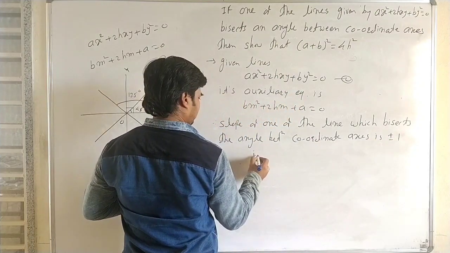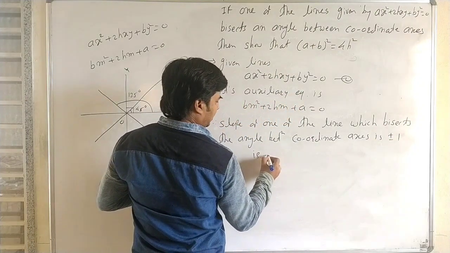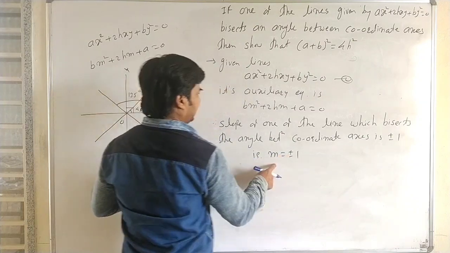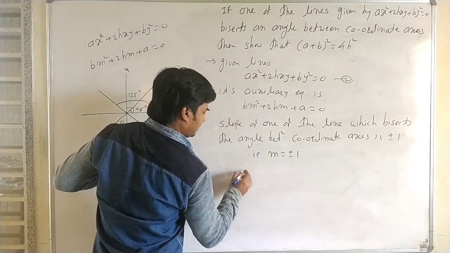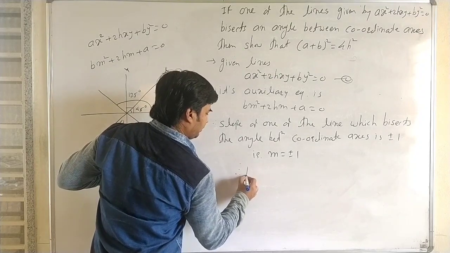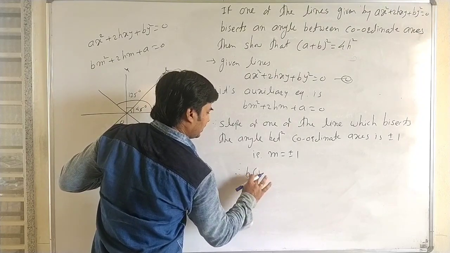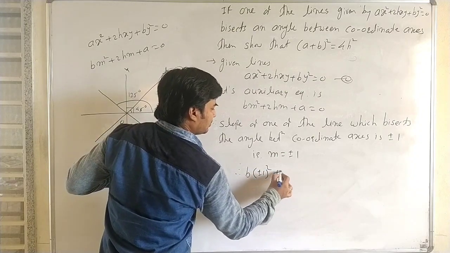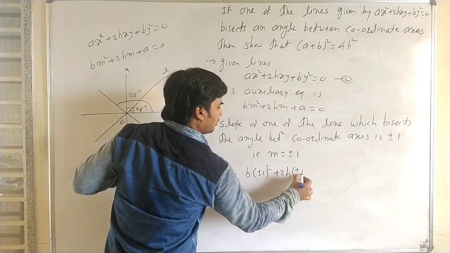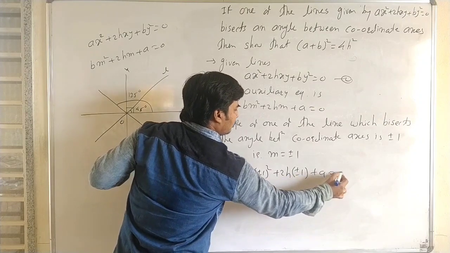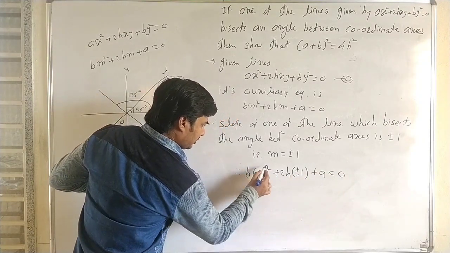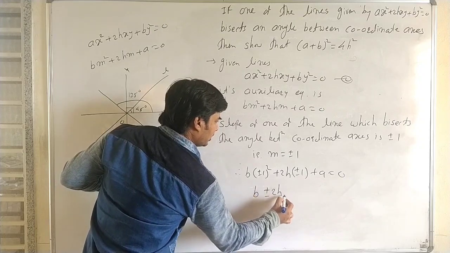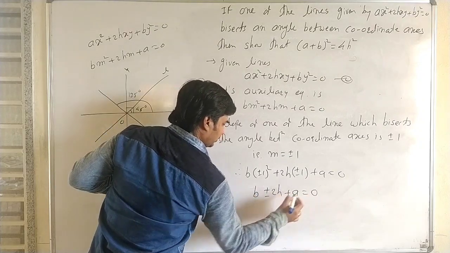That is, m is equal to plus or minus 1, and this m satisfies the auxiliary equation. Therefore, we can write b into (plus or minus 1) whole square plus 2h into (plus or minus 1) plus a is equal to 0. Since (plus or minus 1) square is 1, therefore b plus or minus 2h plus a is equal to 0.